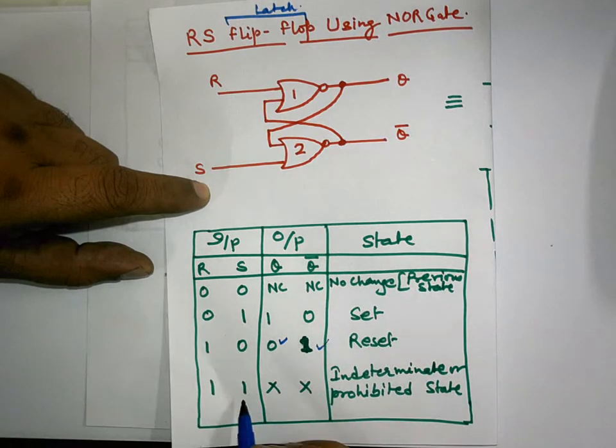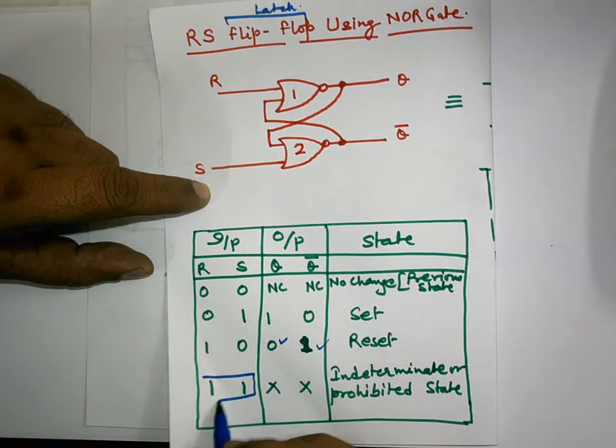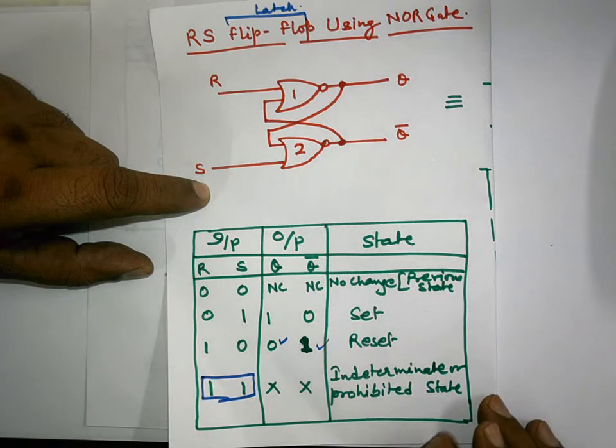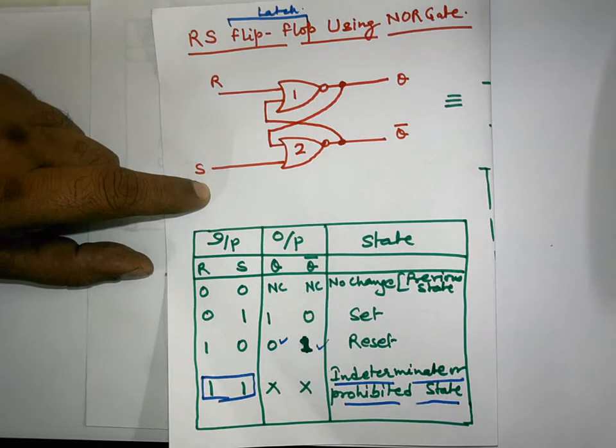But there is an input at which output is not predictable. Output happens to be 0 0 or 1 0 or 1 1, or 0 1. So this input state is prohibited, or this is also called indeterminate or prohibited state.